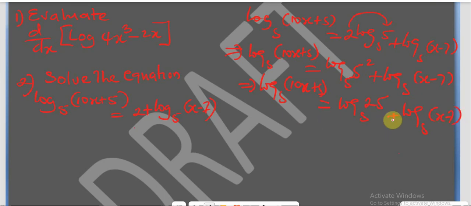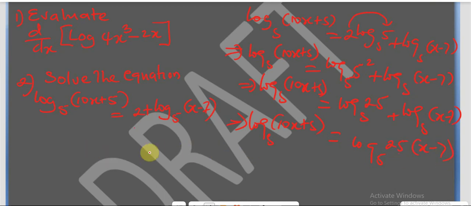So the next thing is, because of this plus, I'm going to apply the law of addition, or multiplication. Remember there is a common base, which is 5. So I'm going to write log base 5 of (10x plus 5) is equal to log base 5, then multiply the arguments, that is the law. This is going to be 25 times (x minus 7).